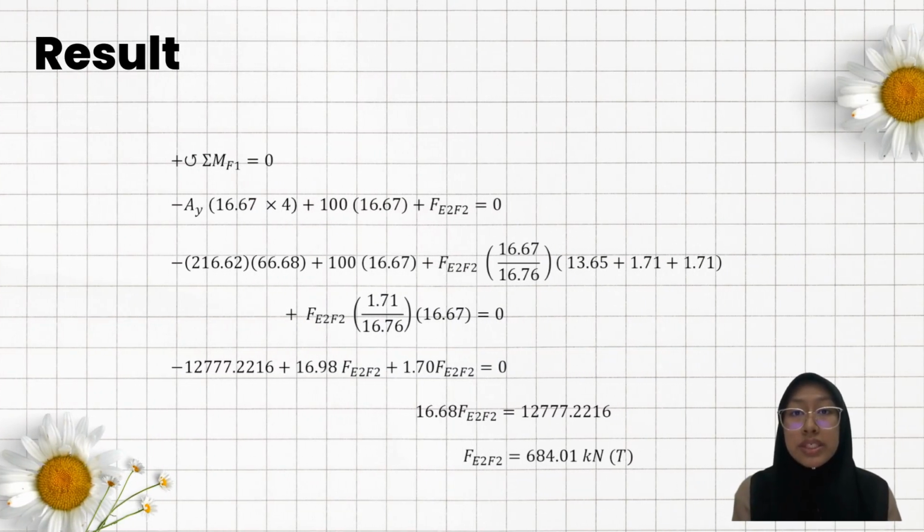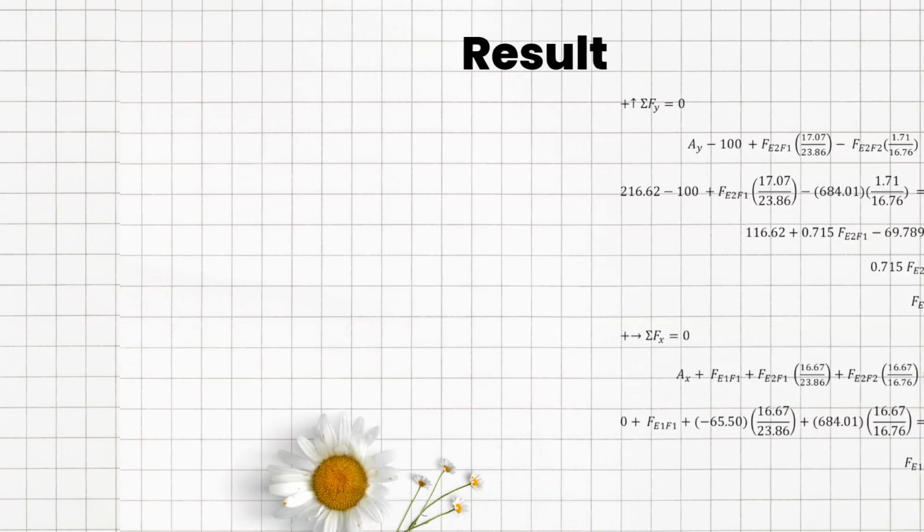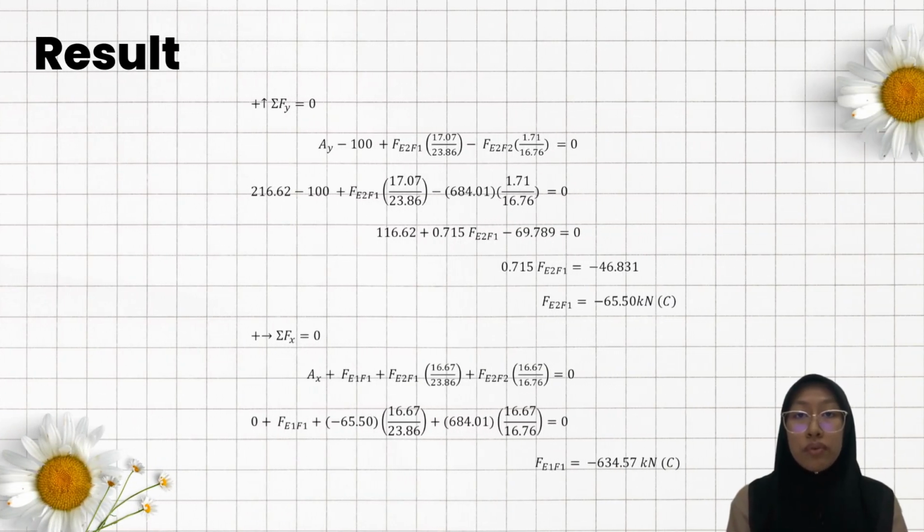For the last step, apply the equations of equilibrium to find forces E1 F1, E2 F1 and E2 F2. I use total moment at point F1, so I got the force for E2 F2 equal to 684.01 kN in tension. Next, with Fy, I got the force for E2 F1 equal to negative 65.50 kN, in compression.